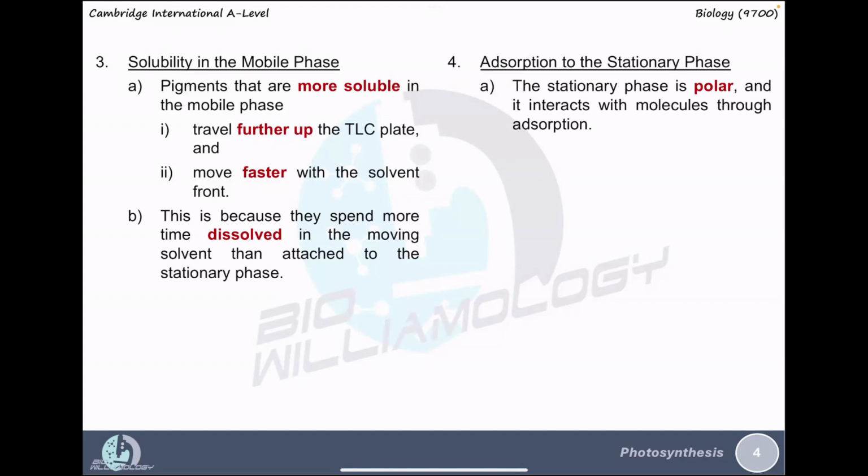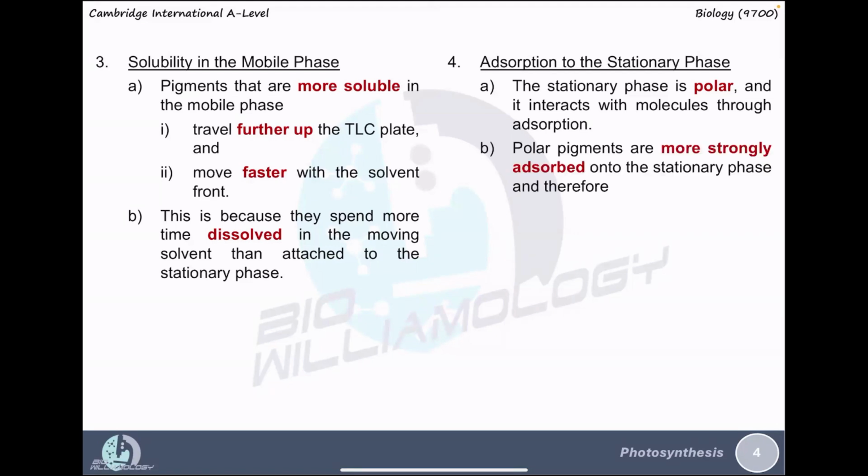How about adsorption to the stationary phase? The stationary phase is polar, and it interacts with the molecules through the interaction known as adsorption. Polar pigments are more strongly adsorbed onto the stationary phase, and therefore they move slower and stay closer to the origin line.